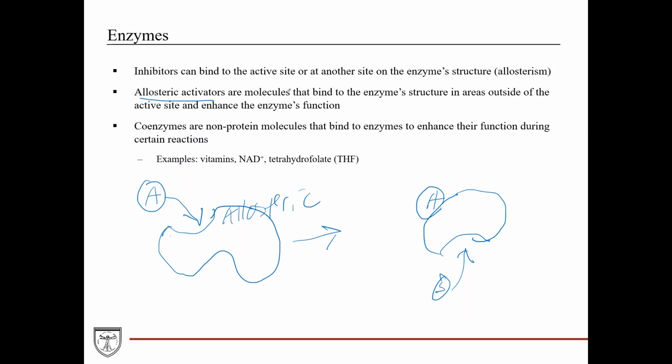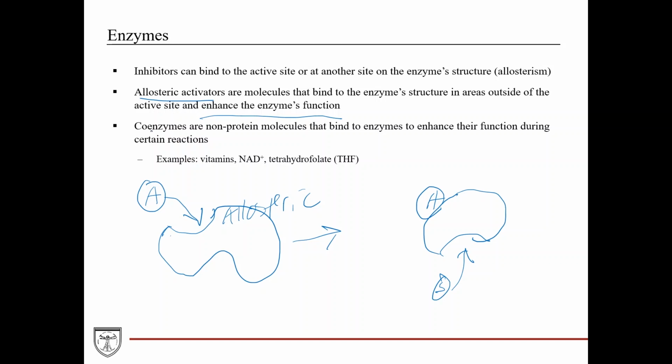And again, the thing with allosterism is it's not binding at the active site. This is an area outside the active site, and it enhances the enzyme function. It can enhance it in many different ways. It's not necessarily enhancing substrate binding; that's one way it could do it. It could just be enhancing the enzyme function by putting it in the most ideal conformation.